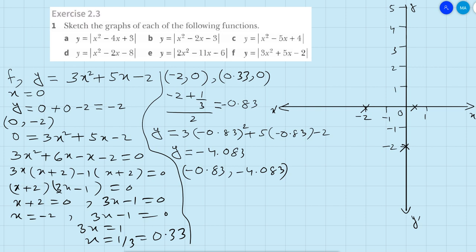So just convert this negative point into a positive point: minus 0.83 and 4.083. So where is minus 0.83? This is 0, this is minus 1. So just before minus 1, 0.83. And this is 0, this is 4.0. So just this one.